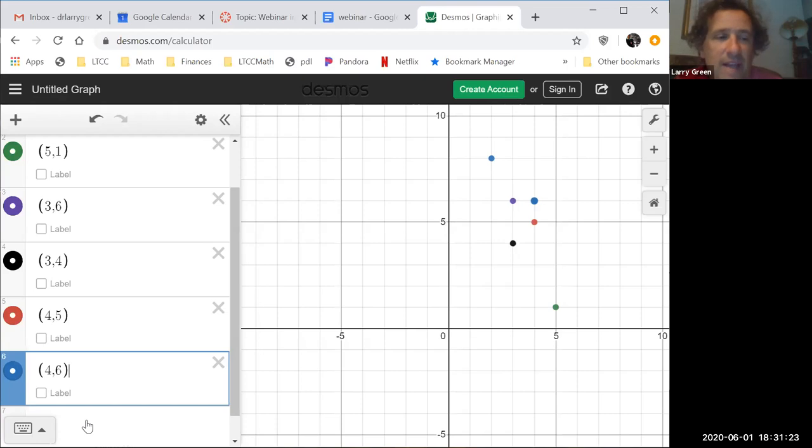Now, that line is called the regression line. And what you want to do is say, well, what might that regression line be? Now, we do not have the sophistication as a class to be able to come up with the line exactly. But you could probably draw a line and see it.